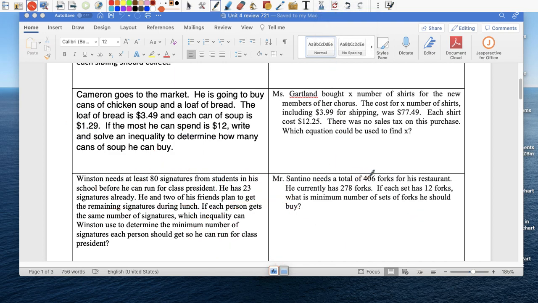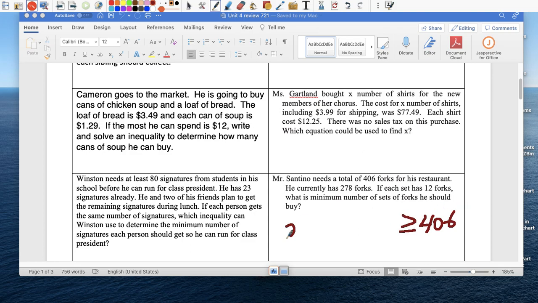Santino needs a total of 406 forks for his art. This looks more like an okay. Sorry, 406 forks for his restaurant. He currently has 278. If each set has 12 forks, what is the minimum number of sets he should buy? So again, he needs a total of 406. So he needs equal, or I guess maybe greater, right?